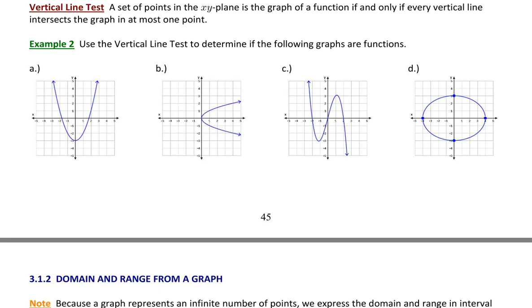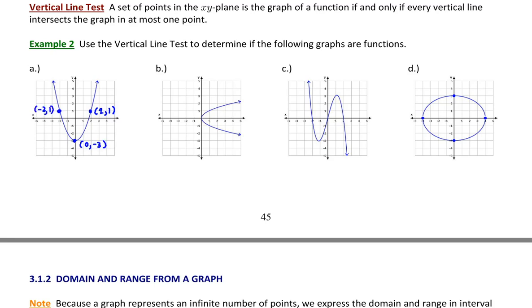Now notice we have a graph in the xy plane, and along this graph we have many ordered pairs. We could identify a couple of them. For example, that's the ordered pair 2, 1. Here's the ordered pair 0, -3. Here's the ordered pair -2 and 1.